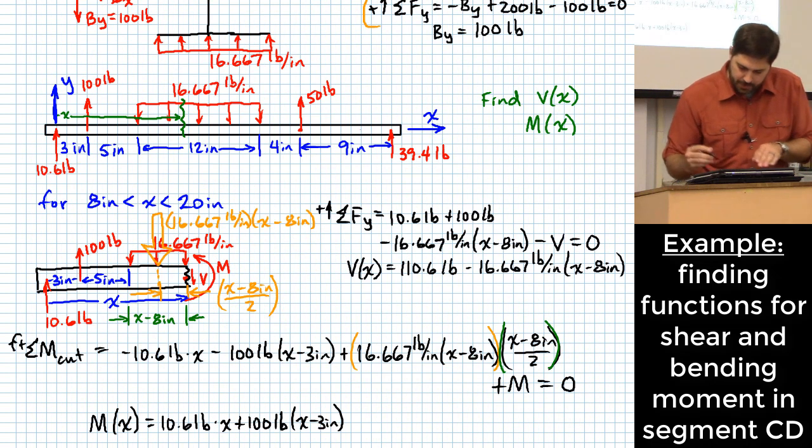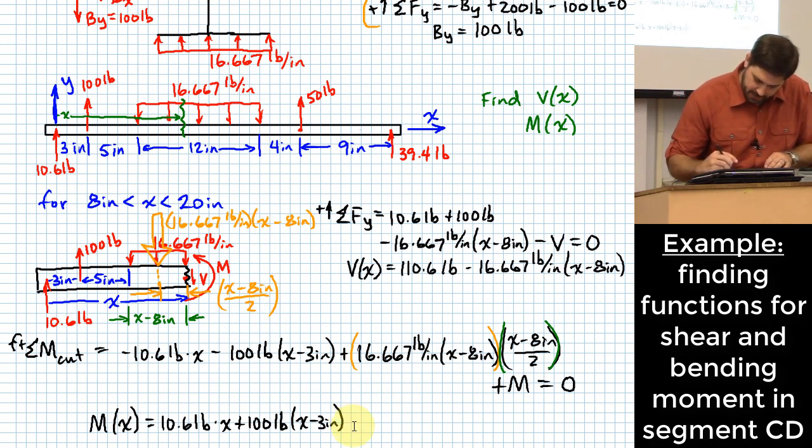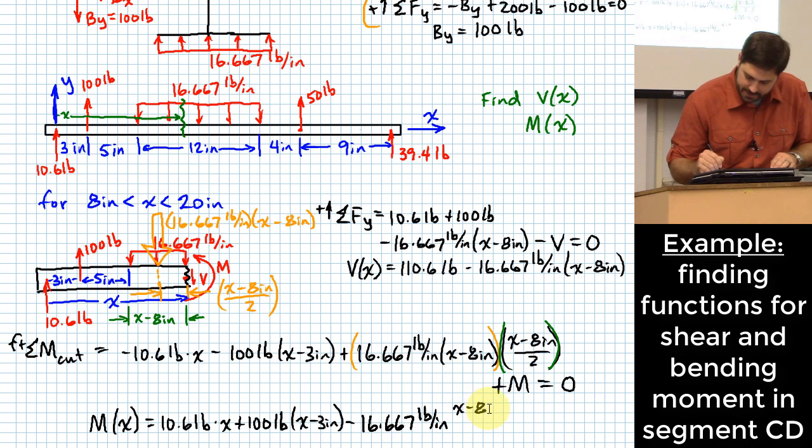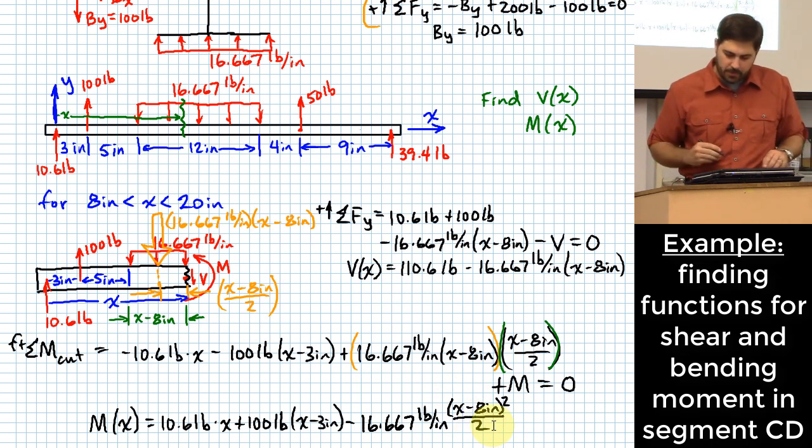So then what we'll do is we will subtract, excuse me, 16.667 pounds per inch times x minus 8 inches squared over 2.